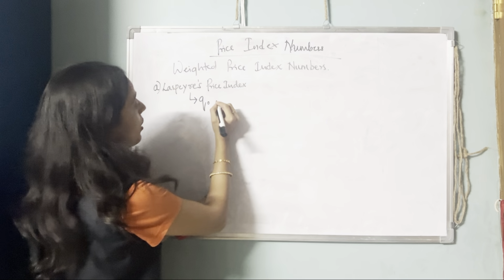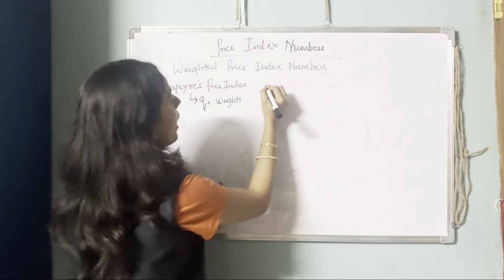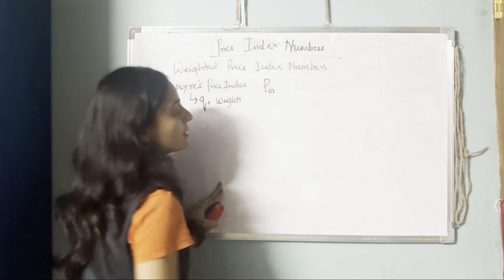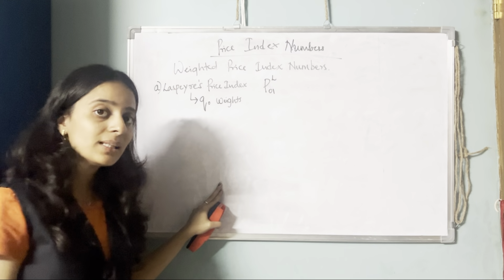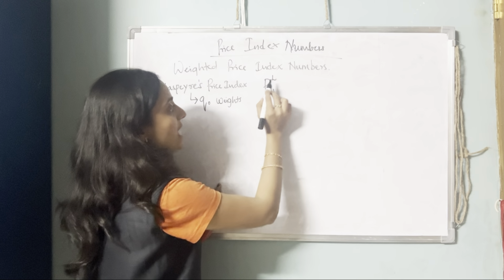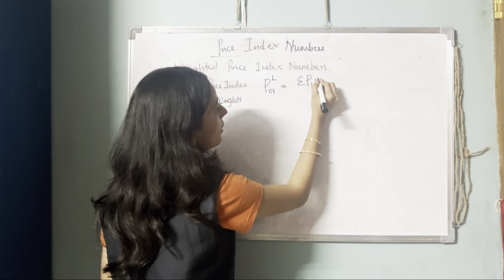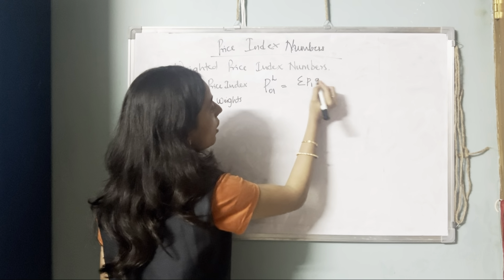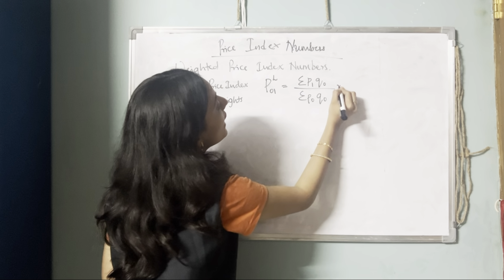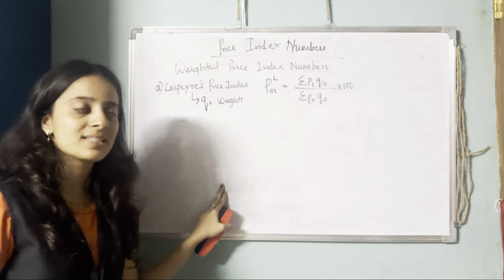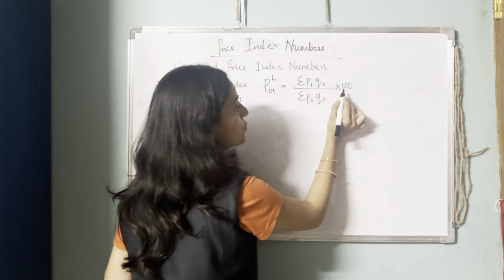So our formula for price index number is P01, but according to Laspeyres's method, in the power we write L. Laspeyres's price index method states that summation of P1 Q0 by summation P0 Q0 into 100.